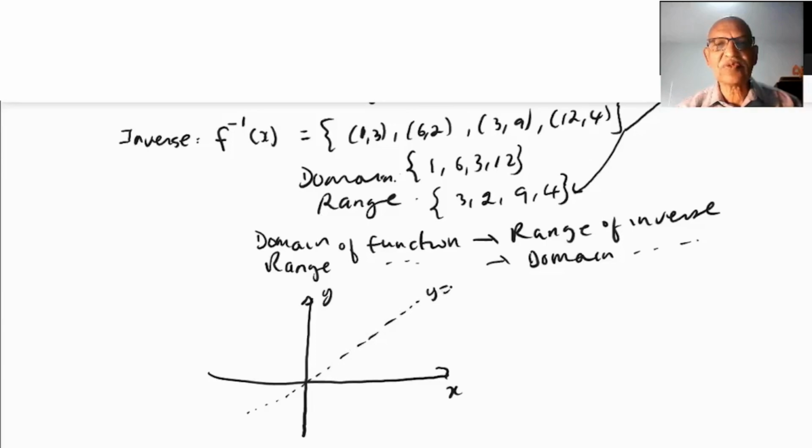If this is y equal to x, and let's say if it is (1, 3) here, this point here is the mirror image on the other side. The image is always 90 degrees. This is (3, 1) and this is (1, 3). So inverse is a mirror image on the line y equal to x. So for (6, 2) it would be (2, 6).